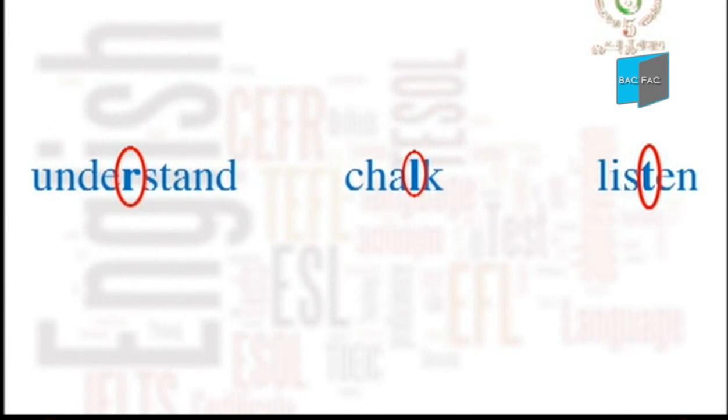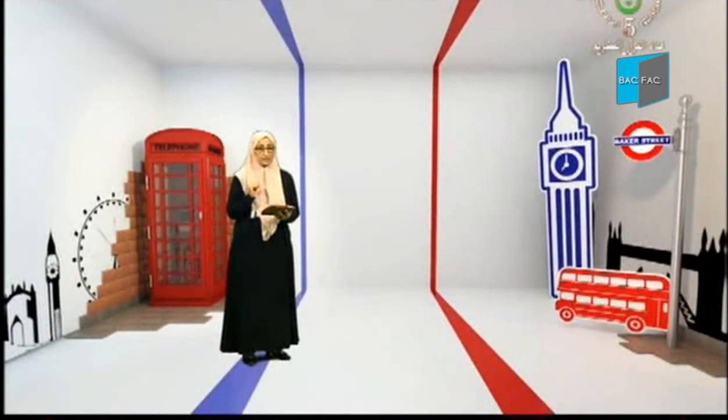All right. I will give you some words, but I'm not going to read them, of course, because if I read them, it means you don't do any activity. I will just say the first word, second word, and then you have to find which letter is silent. Let's start.